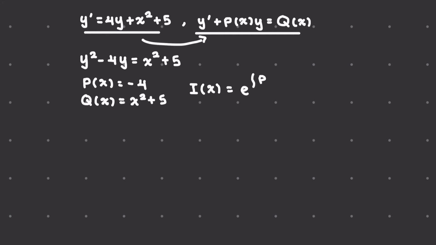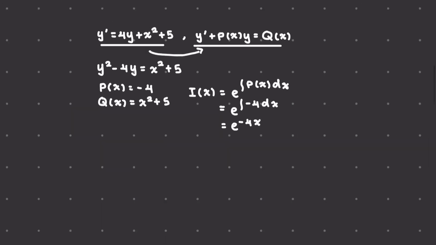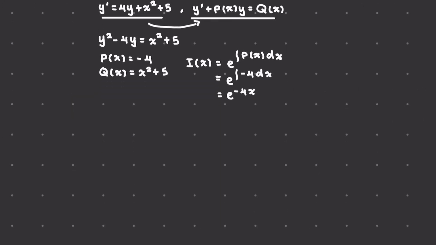We integrate P(x) with respect to x, and e to the power of the integration of negative 4 dx is simply going to be e to the power of negative 4x. And don't add a constant here, like I said before, because we just need to find the integrating factor.